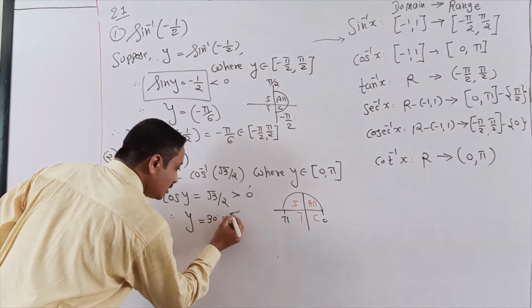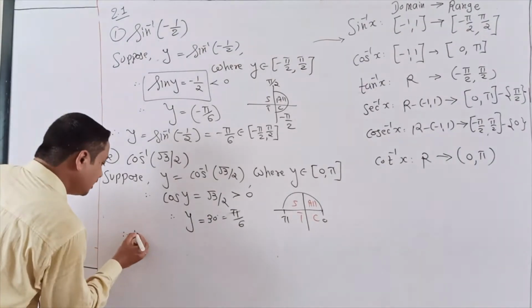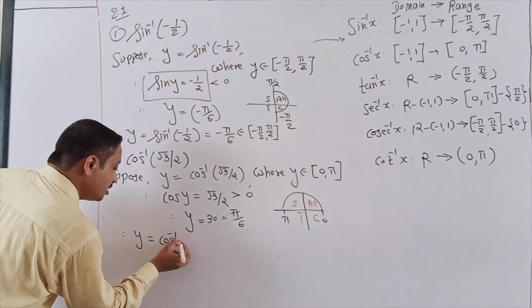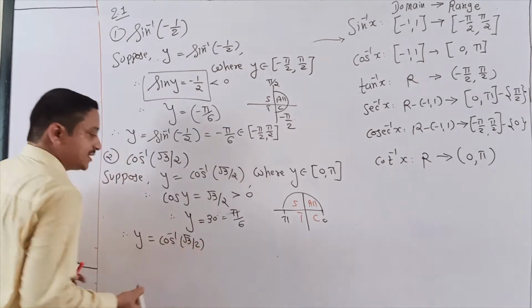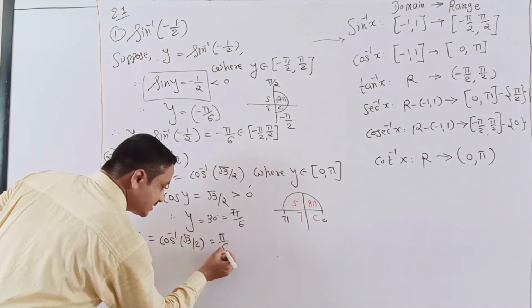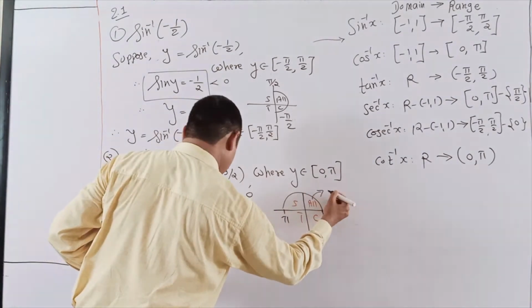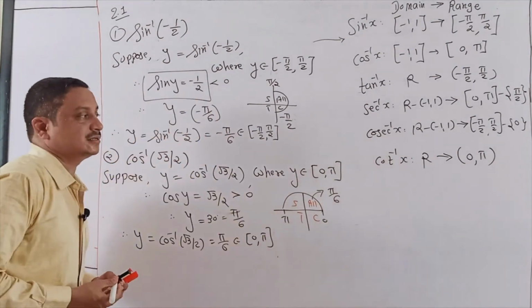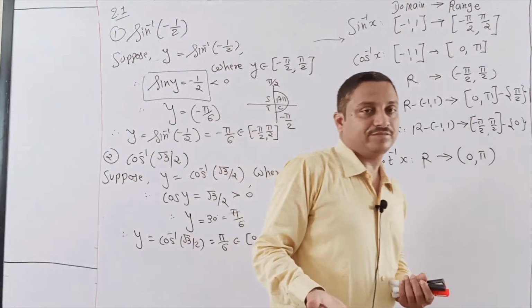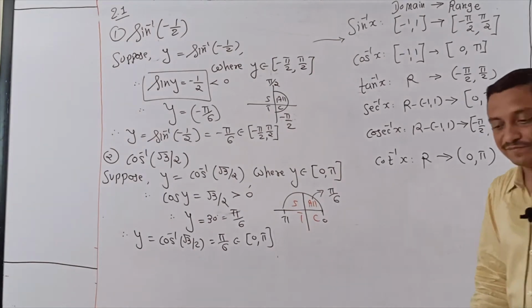And 30 means what? Pi by 6. So finally you are done with cos inverse root 3 by 2. Yes, sin 30 is half and cos 30 is root 3 by 2. Your answer is pi by 6, which belongs to our range 0 to pi. And very easily our next question is also finished here.